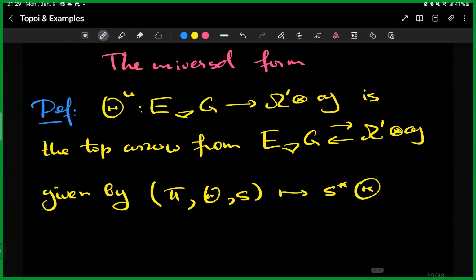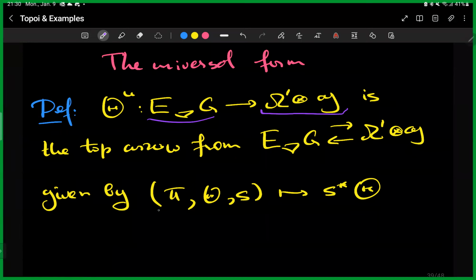Now for the last part of our construction, we need a universal form. And it's not that hard to construct. So if we have this presheaf, which consists of trivialized G bundles, we can consider a morphism here. So morphisms from here to here correspond to forms valued in G on this presheaf.